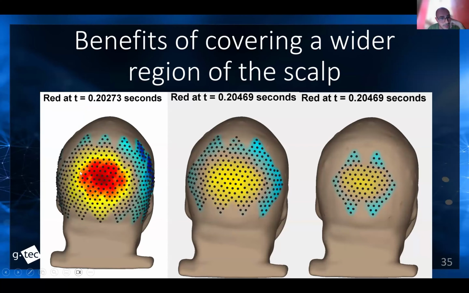So we can really see the edges of the activation region. If we pass to a less covered region, like the reduced ones or the super reduced ones, yes, we see some activation, but it's not that good. So here we can see a very nice difference when we talk about topographies.